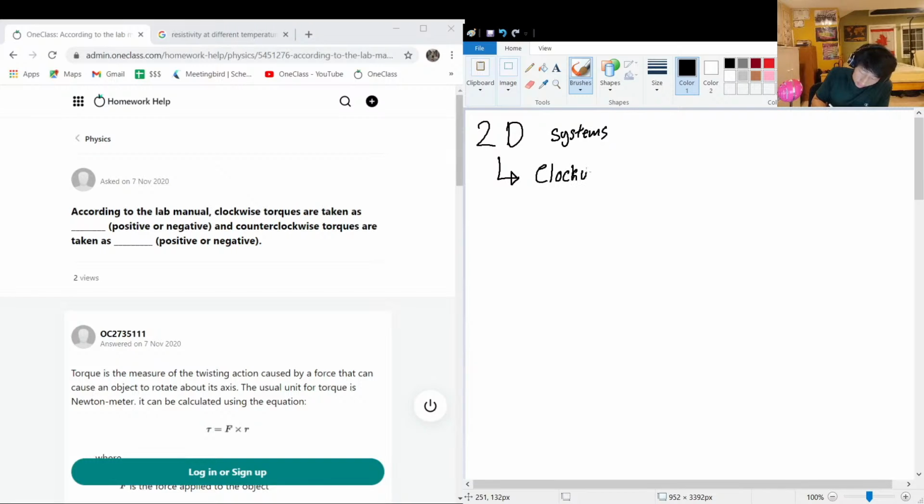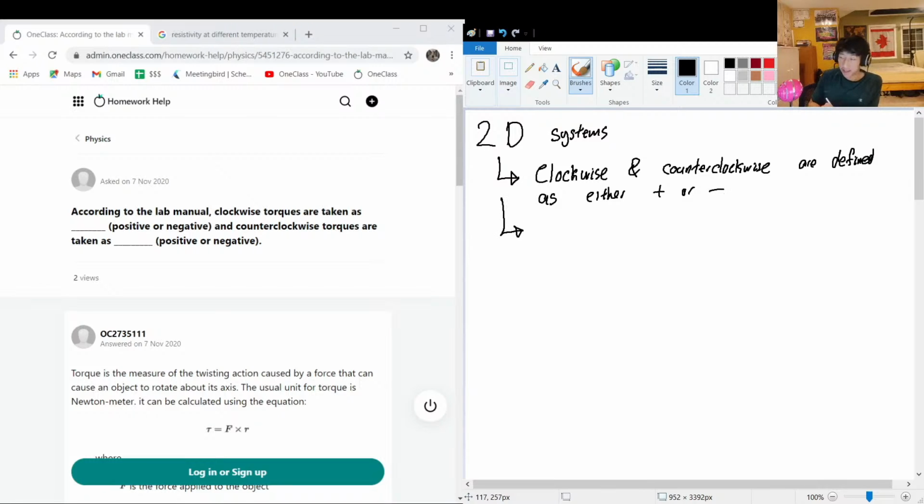Clockwise and counterclockwise are defined as either plus or a minus.